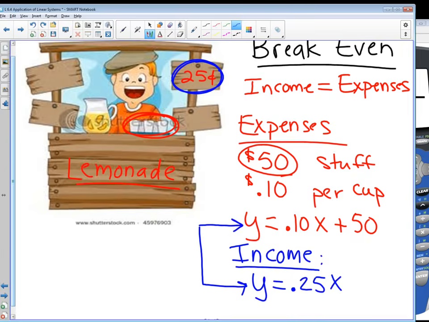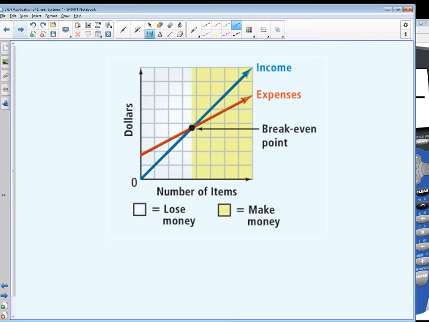Now what does that look like on a graph? Well, here's a picture. The break-even point is where the two lines will cross. In this picture, the income is the blue line. It starts at 0, and every cup of lemonade you sell earns you income. The red line is the expenses. It starts with, in this case, the $50 that we started with to make our lemonade stand and signs.